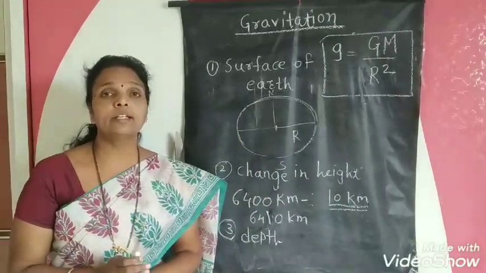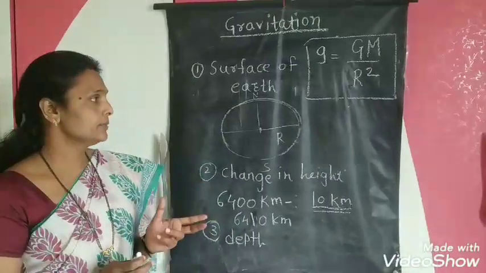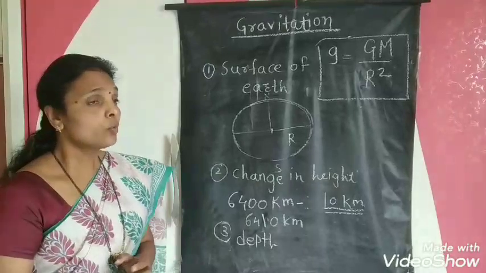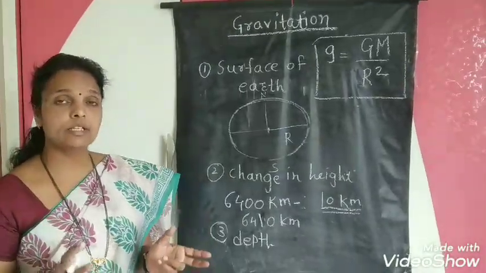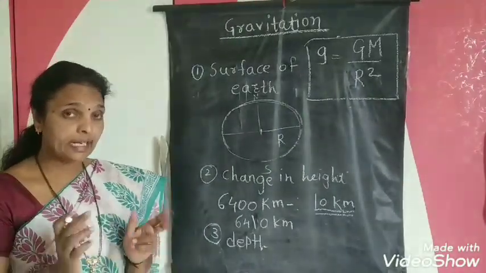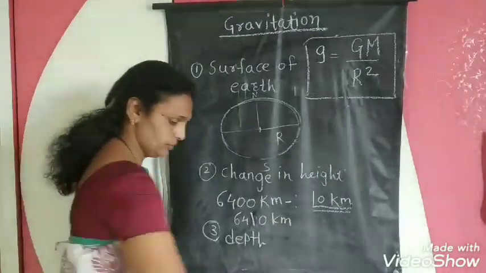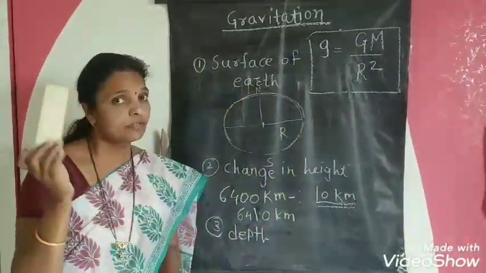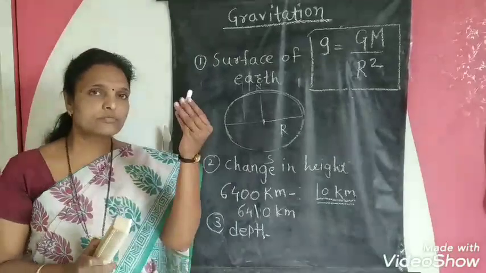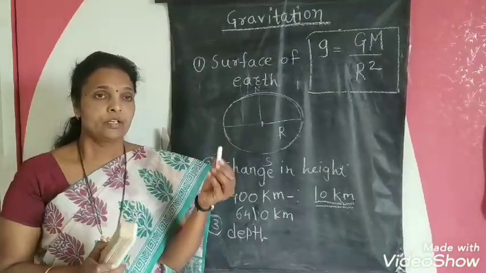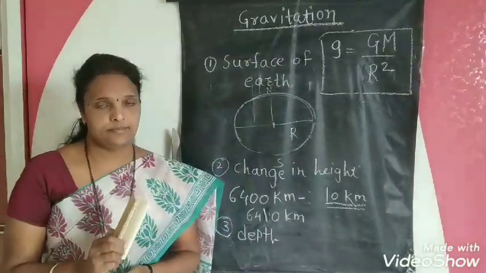Now the next point is mass and weight. What is meant by mass and what is meant by weight, and the difference, I will now continue. Suppose this is one duster or any object, or this one is a chalk. So what is the mass of this duster?